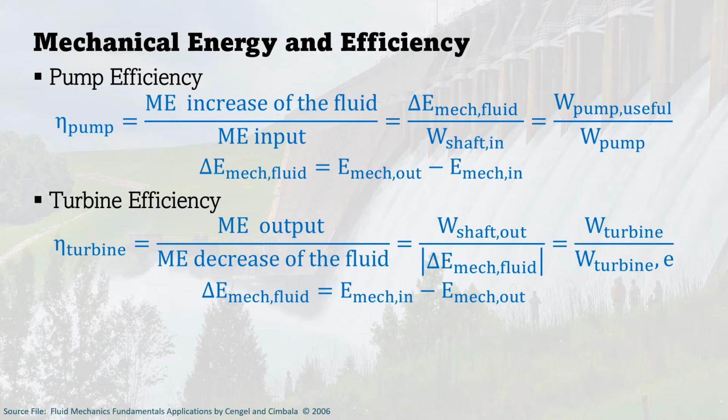Or we are interested in the reverse process of extracting mechanical energy from a fluid by a turbine and producing mechanical power in the form of a rotating shaft that can drive a generator or any other rotary device. The degree of perfection of the conversion process between the mechanical work supplied or extracted and the mechanical energy of the fluid is expressed by the pump efficiency and the turbine efficiency. So that's why they are important quantities.